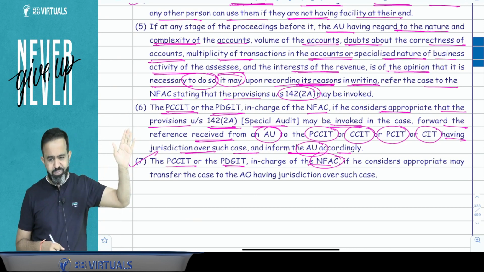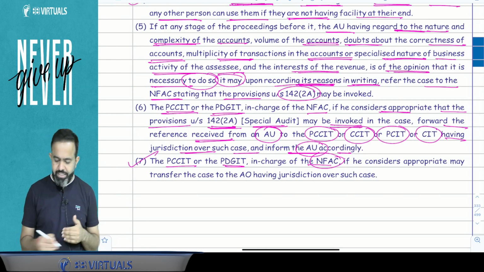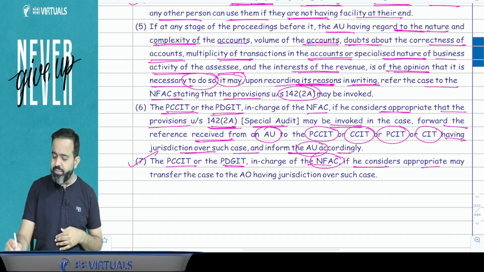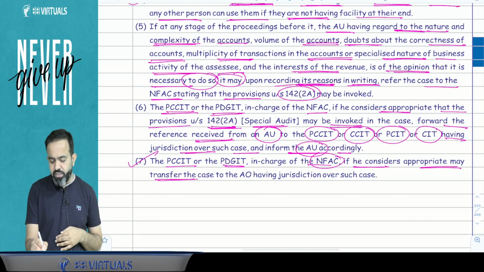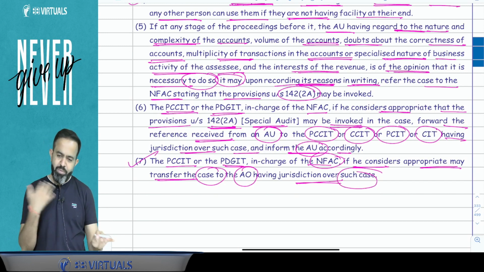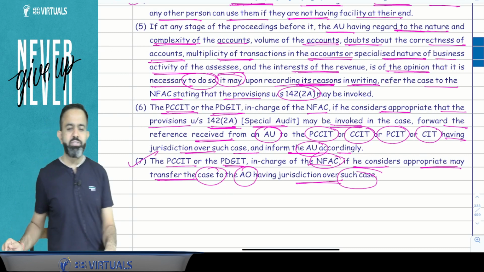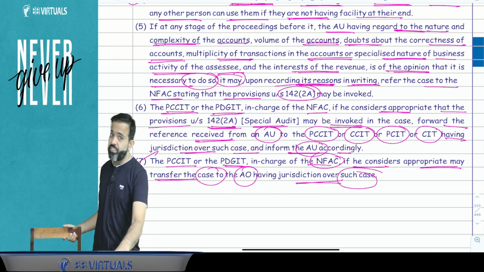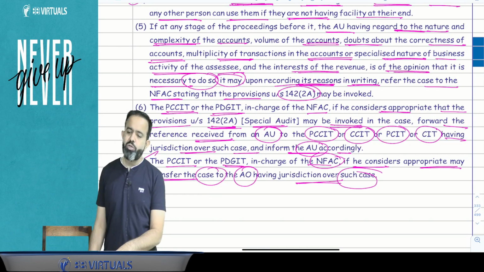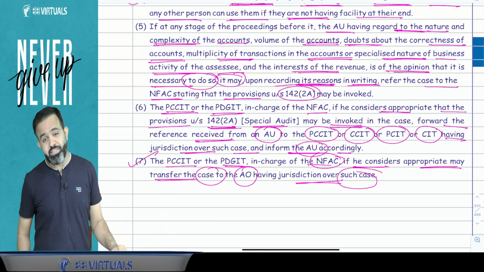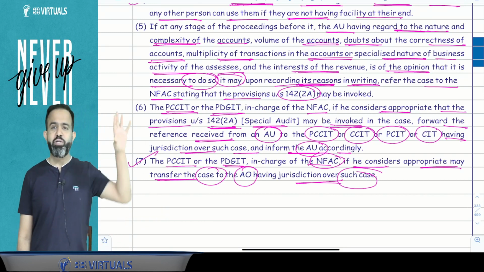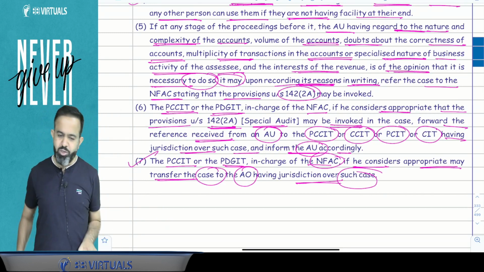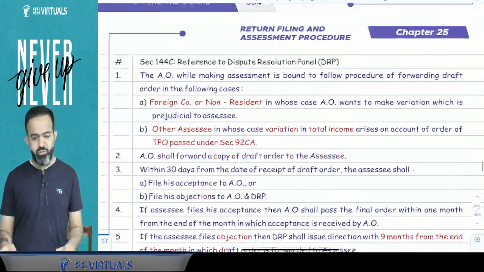So the PCCIT or PDGIT in charge of NFAC, if he considers it appropriate, may transfer the case to the assessing officer having jurisdiction over such case. There may be a possibility that they feel it is not possible to do the assessment in the faceless manner, then they may transfer your case to the jurisdictional assessing officer, and your normal assessing officer will do the assessment.